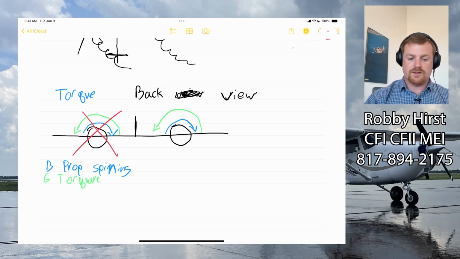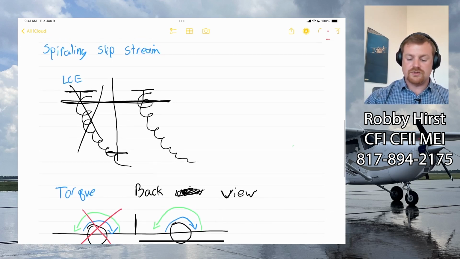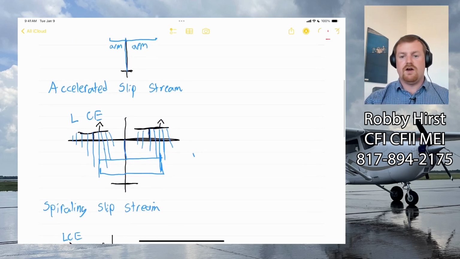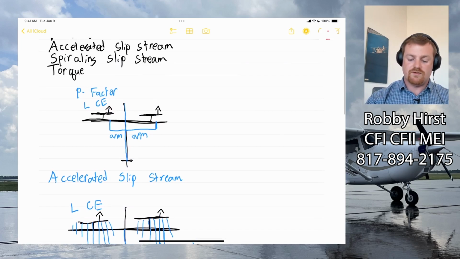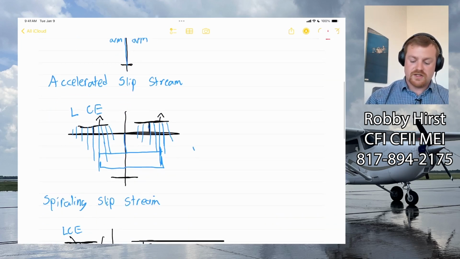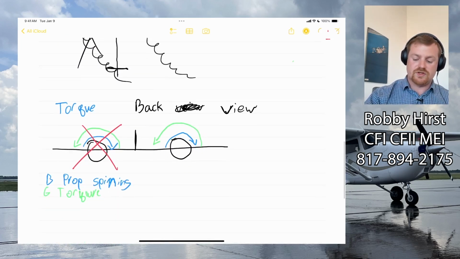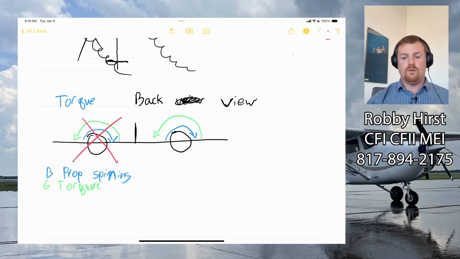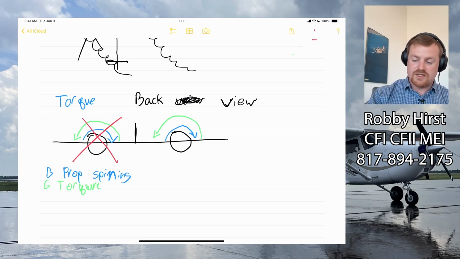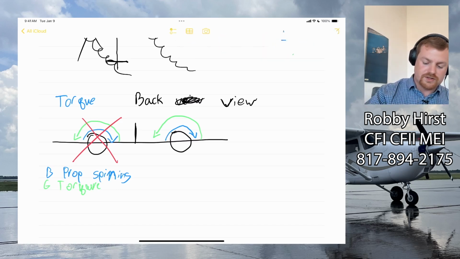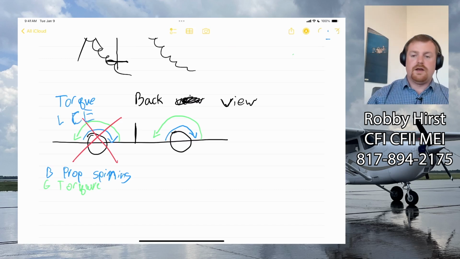So we've got four factors defining our critical engine. We've got our P factor, our accelerated slipstream, our spiraling slipstream, and torque, all working towards the left engine being our critical engine. Now, not all aircraft have critical engines.